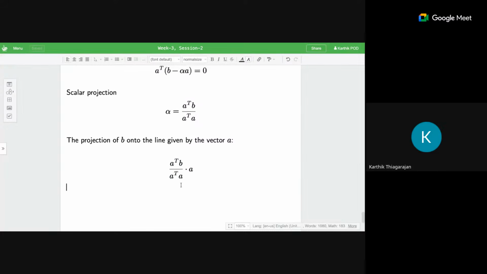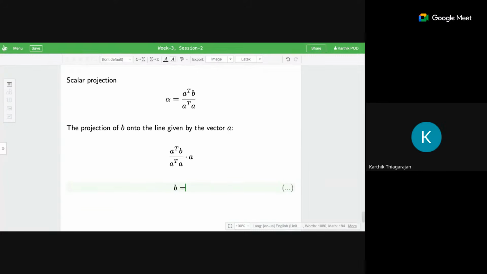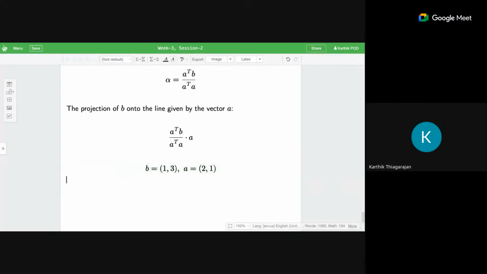If you want to actually compute it, B is (1, 3) and A is (2, 1). So the projection would be A transpose B, which is 2 plus 3, 5, by A transpose A, which is norm A square.